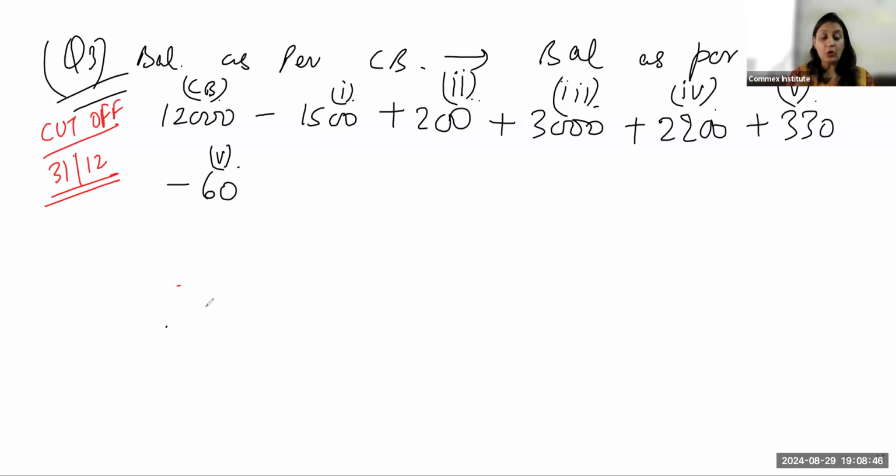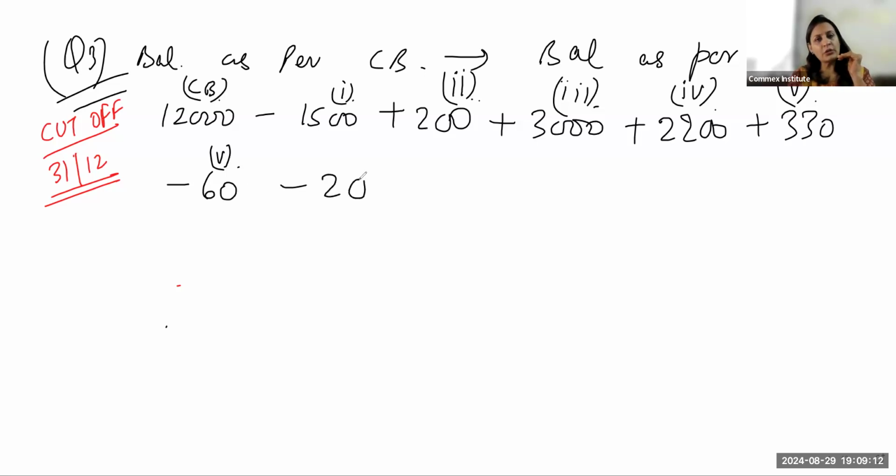And now one mistake by the bank also. The bank had wrongly debited the account of Gurman by 2,000, which was rectified after 31st December. So he has rectified it, but not till the cutoff date. Till the cutoff date it was the banker's mistake. Till the cutoff date the banker unnecessarily showed our account 2,000 less. He has debited.